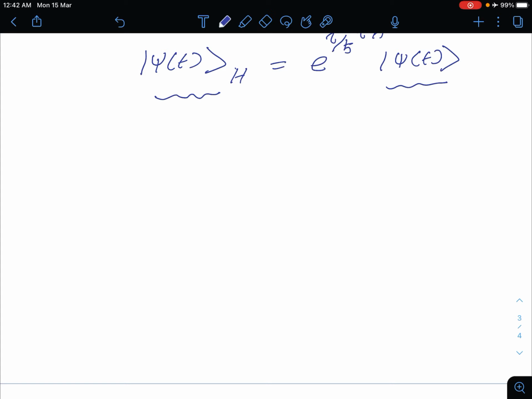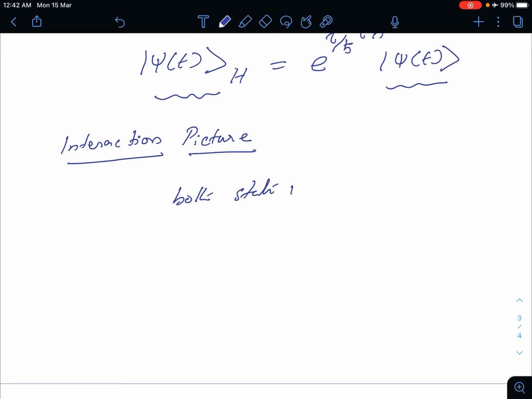What we are bothered about here is the interaction picture, the third one. For our purpose we are concerned only with the interaction picture. So what is the interaction picture? It's also called the Dirac picture. In this picture, both the state vector and the operator explicitly depend upon time, or they evolve in time.